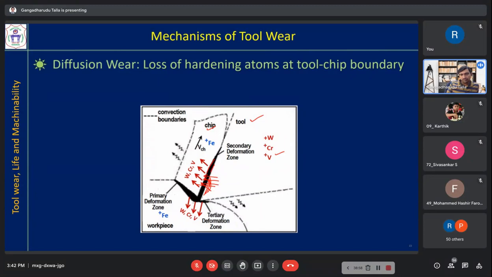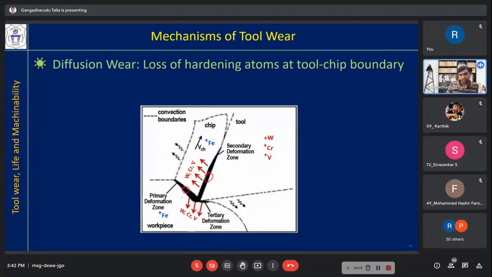So it will become soft and quickly lose its material in the form of crater wear. It can happen here also, at the tertiary zone, secondary zone also. So this is diffusion wear. This is mainly at the crater wear location because temperature is high in this region.